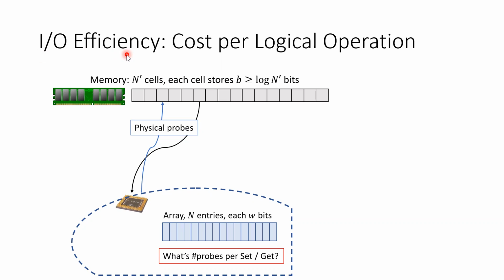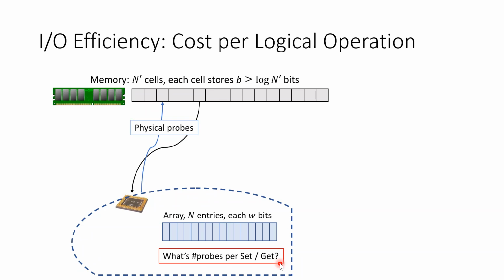It is just asking how many physical probes do I need to answer or perform a sequence of logical operations. So this is actually the standard definition of cost in the data structure textbook. Like in data structure textbook, we ask, say, insertion or querying a binary search tree, how much is the cost?